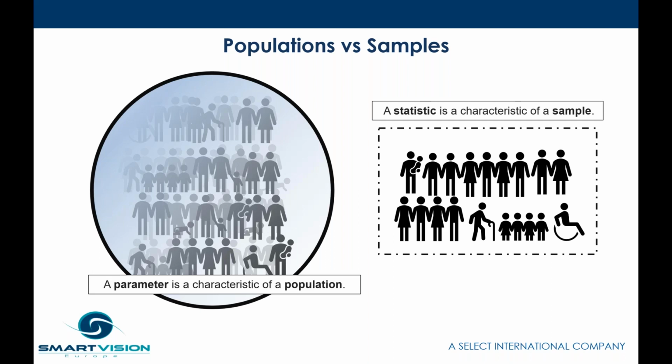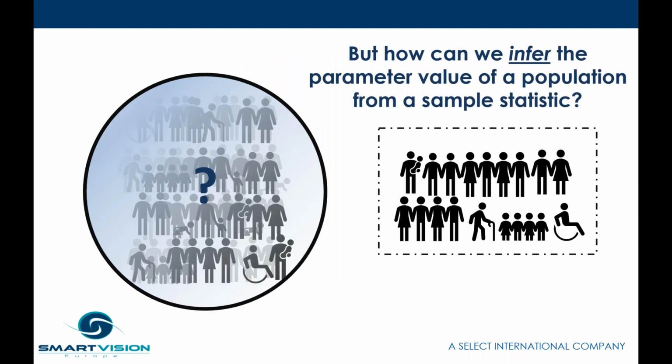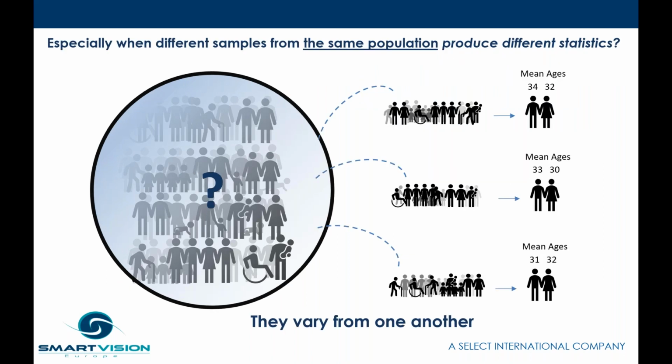Okay, so that's the theoretical background. How do we infer a parameter value of a population from a sample statistic, particularly when different samples produce different results? If we were to sample the ocean and try to figure out its exact salinity, I'm not an oceanographer, but you might find that a pollution or salinity value varies depending on what part of the ocean, each sample you take, the depth, or the time of day. You'll get slightly different values.